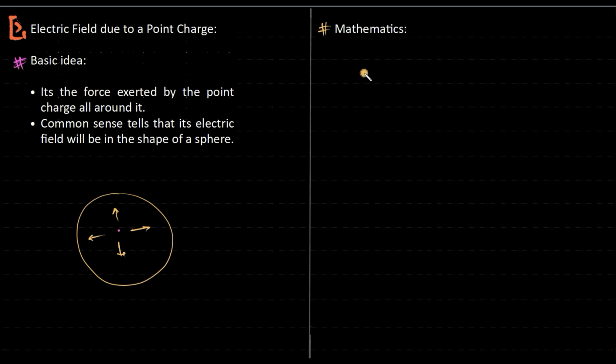So this is the charge which we are studying. And this is the point where we are trying to understand how this charge, which is of charge Q, will affect this. So what do we need? We need a test charge placed at that point, say Q naught. So this is basically our source charge, and that's our test charge, right?